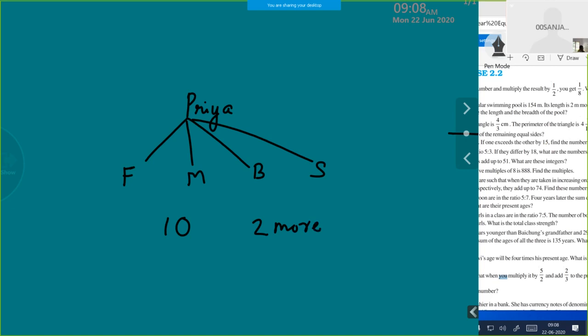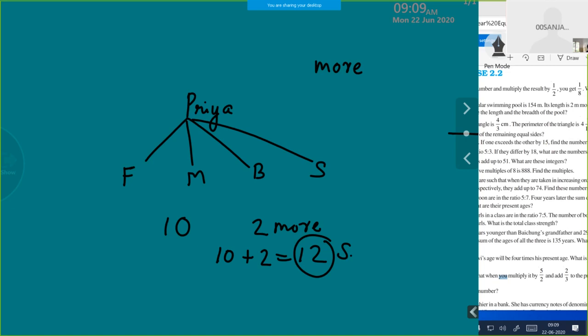So Priya has got 10 chocolates. If I ask how many chocolates her younger sister has got, 2 more than 10, that is 12. So these many chocolates her sister got. So you are learning now how we convert word expressions to mathematical expressions, or mathematical terms you are going to use in the equations.